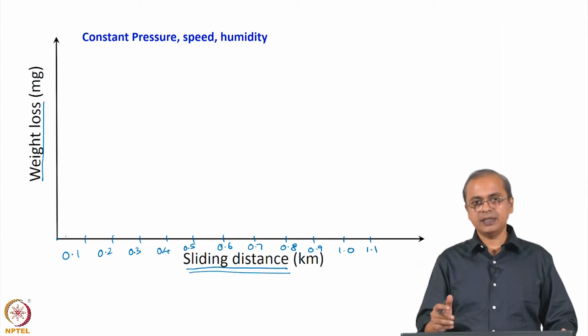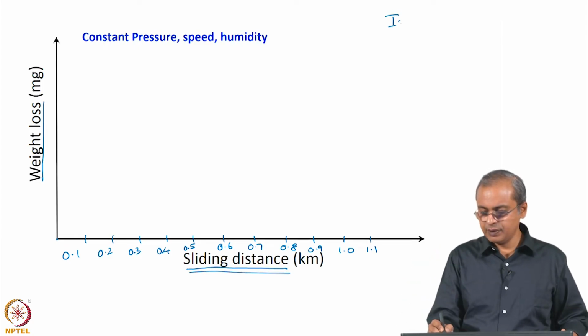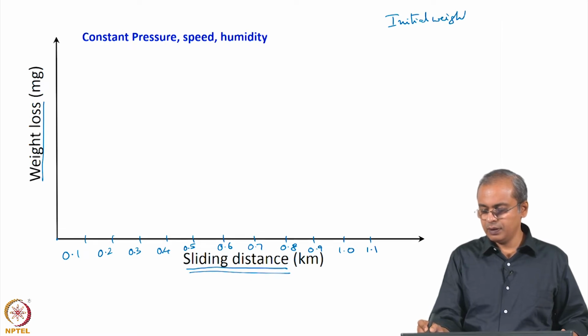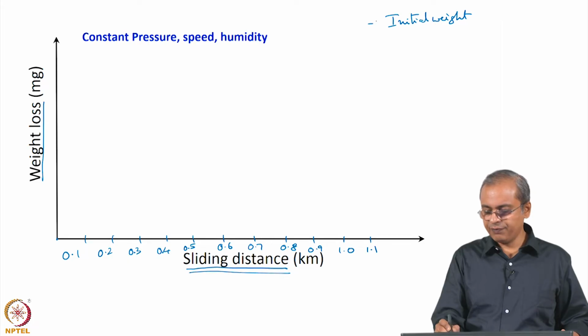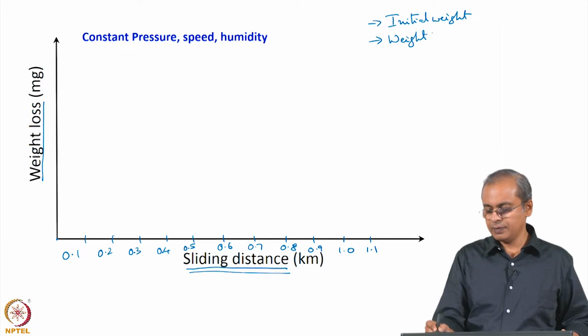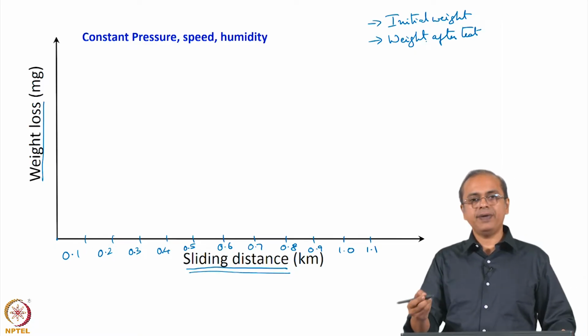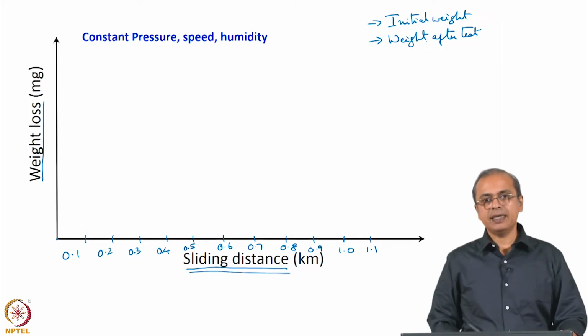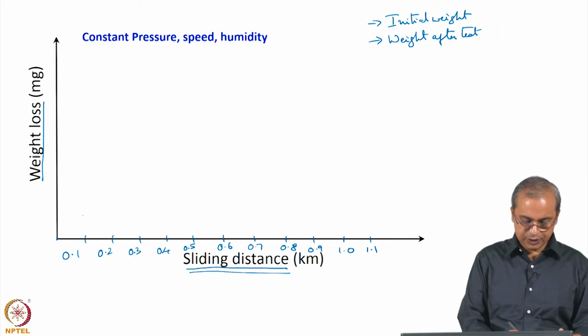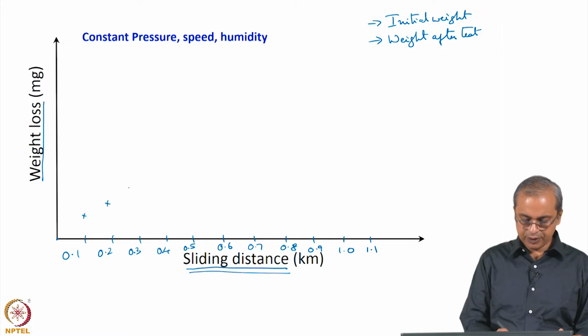So, you have initial weight and you have weight after test. And therefore, you can get weight loss. After it has travelled 100 meters, we check what the weight loss is, and we put some value here. At 200 meters you have some weight loss, at 300 meters you have some weight loss, something like this.